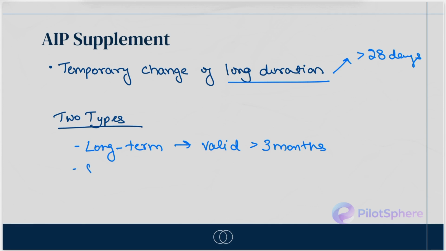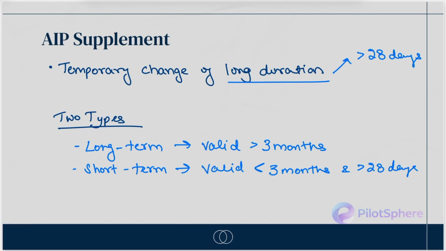And then you have short term, which is valid less than 3 months, but obviously has to be greater than 28 days.